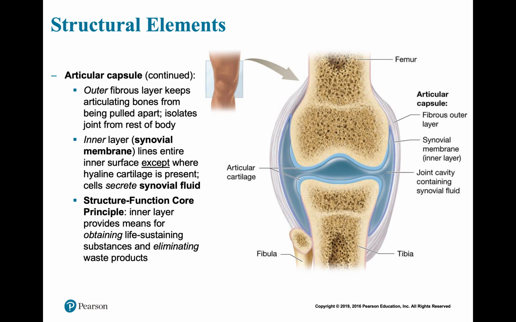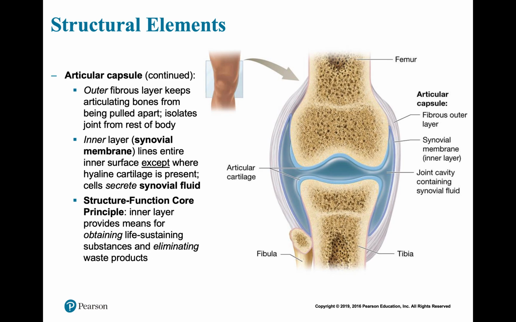And so how do they do that if there are no blood vessels running? And we don't want blood vessels in the cavity, right? Because they'll get pinched off and damaged all the time. So how do the cells of the hyaline cartilage, those chondrocytes, get nutrients? How are they able to maintain metabolism if they don't have blood vessels nearby?